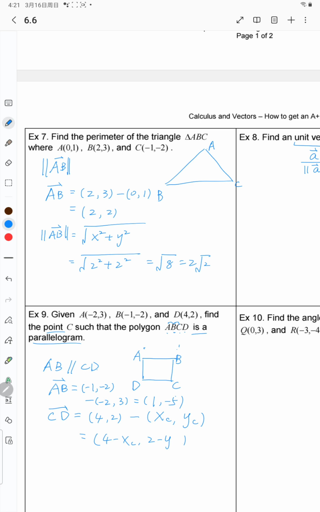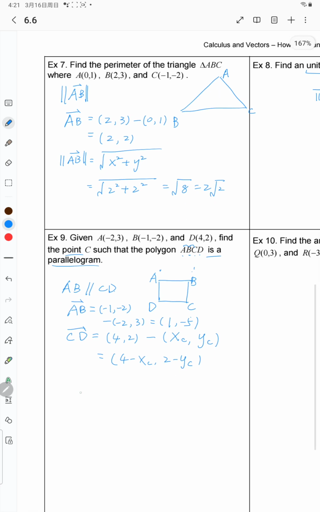So we know that AB is parallel to CD, so their coordinates will be proportional to each other. So 1 over 4 minus xc is equal to minus 5 divided by 2 minus yc.